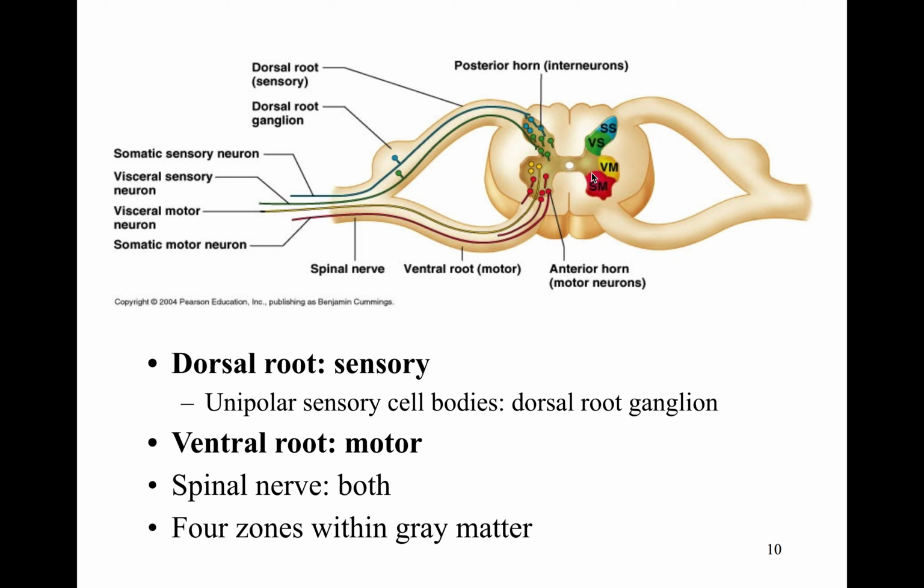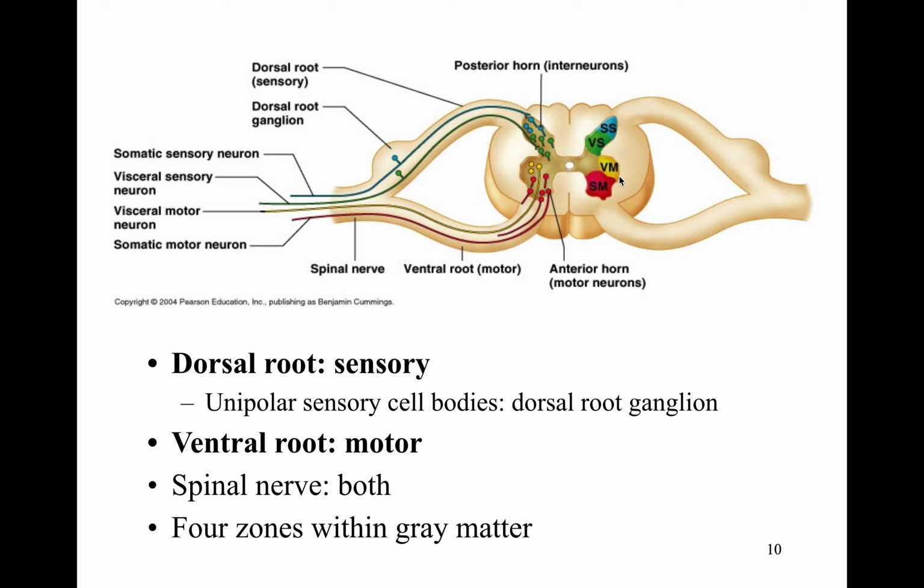So we're going to have 4 different regions of our gray matter. We're going to have interneurons concerned with somatic sensory information and interneurons concerned with visceral sensory information in our dorsal horns of gray matter.